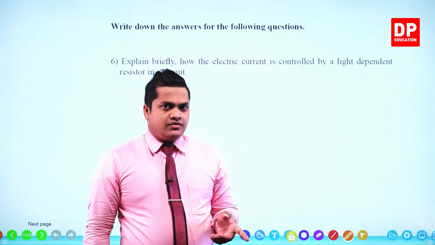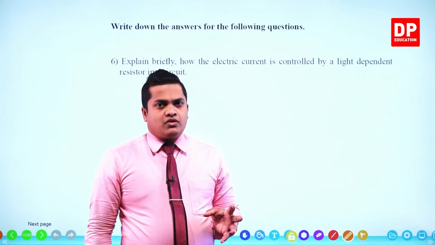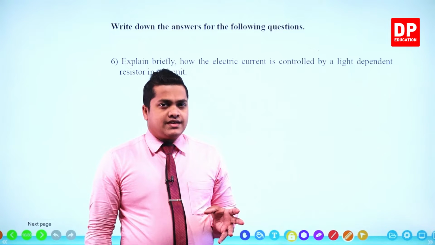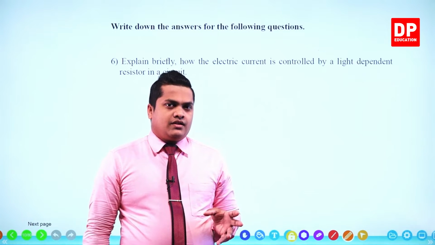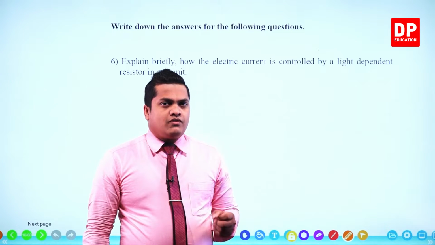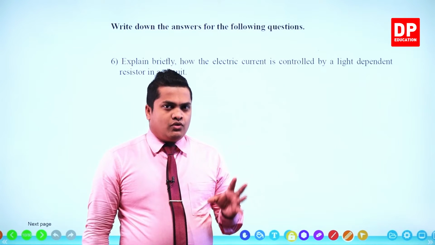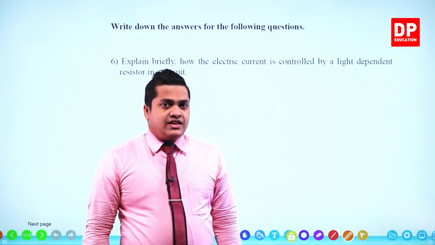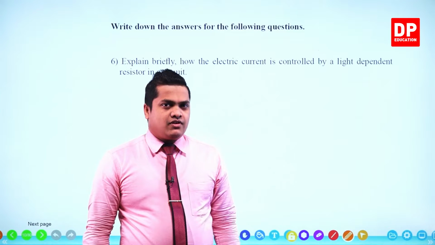In reverse, when dark is falling or when there is less light, the resistance of the LDR is increased. So less electrical charge will flow through the circuit. Therefore, the current flow will be reduced. So resistance will increase when dark falls. Resistance will decrease when light falls.